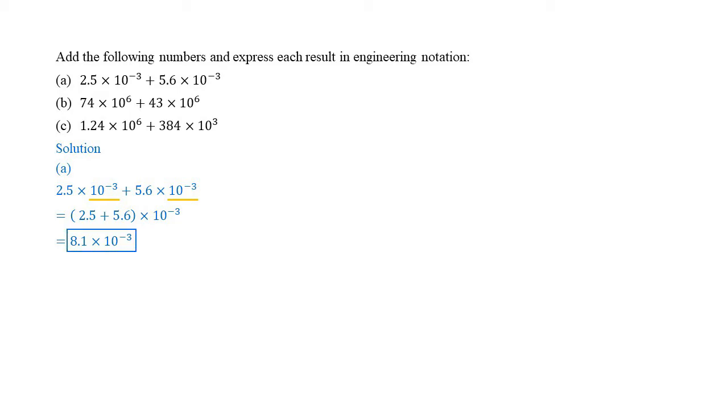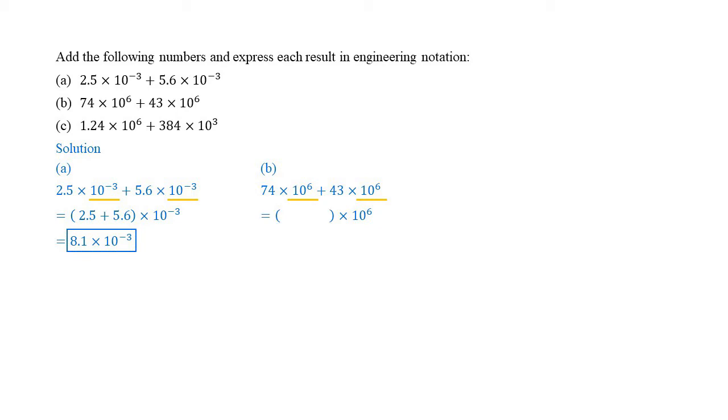Now let's move to question B. First, copy down that question. 74 times 10 to the power 6 plus 43 times 10 to the power 6. If you check the base of 10 portion of both terms, they all have the same exponent that equals 6. That means we can add the numbers directly. Otherwise, we have to do some adjustment, so both numbers have the same exponent.